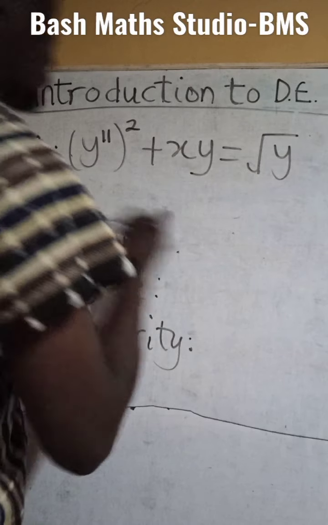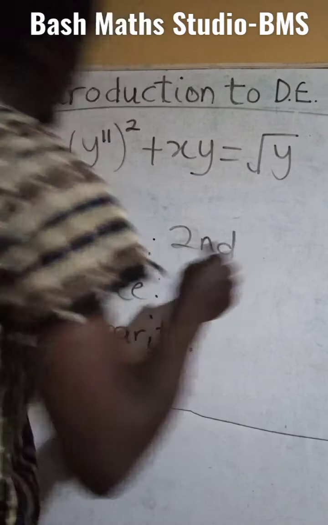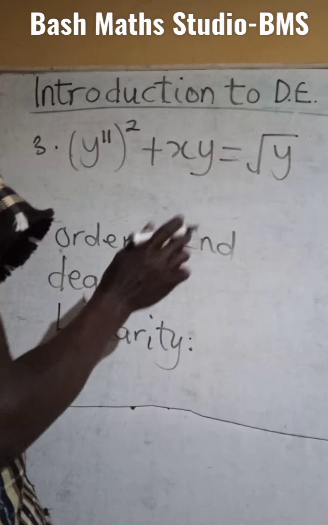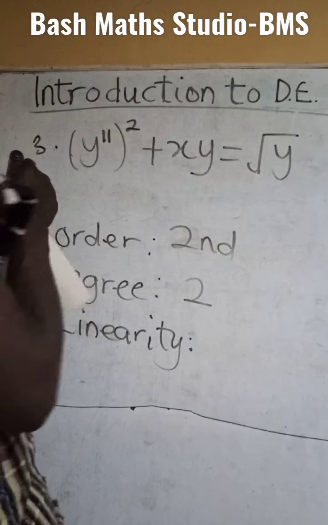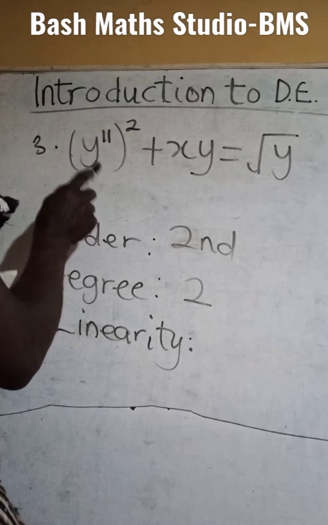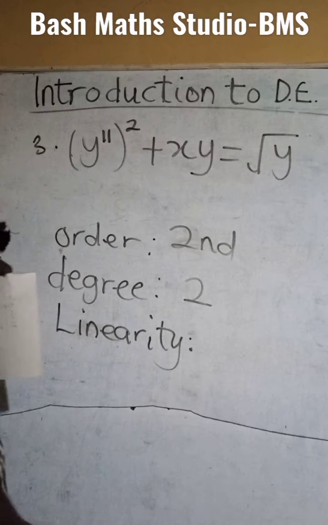Now this is a second order, because the highest derivative is 2. And the degree is also 2, or second degree, because the highest derivative there is of power 2, and therefore we say that the degree is 2.